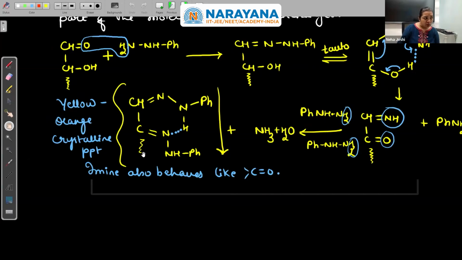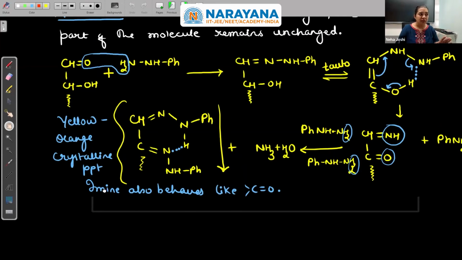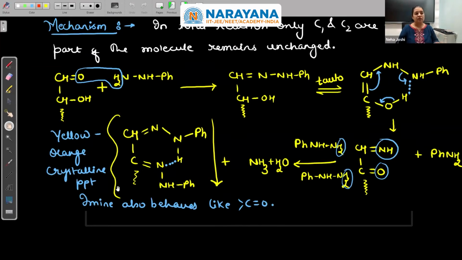The reaction could have proceeded further, but once these two centers have reacted, the osazone is a yellow-orange crystalline precipitate. It goes out of the medium, so further phenylhydrazine has no effect on the rest of the carbonyl centers.